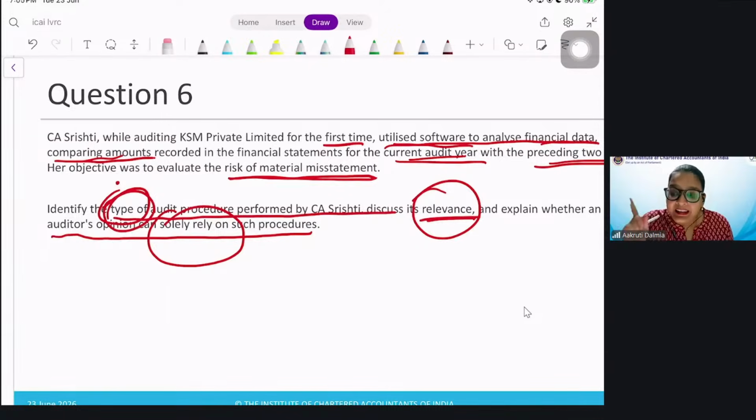So, risk identify होने के बाद substantive होता है या पहले? The substantive procedures are done after risk identification or before? बाद में. Correct, Lalita?